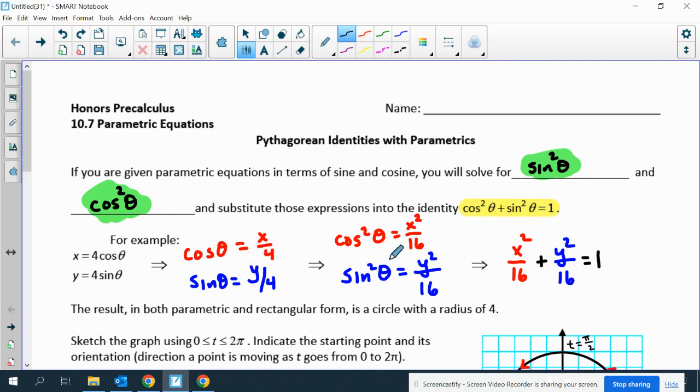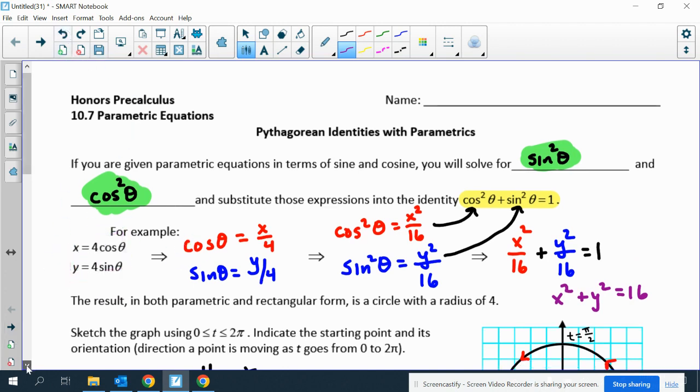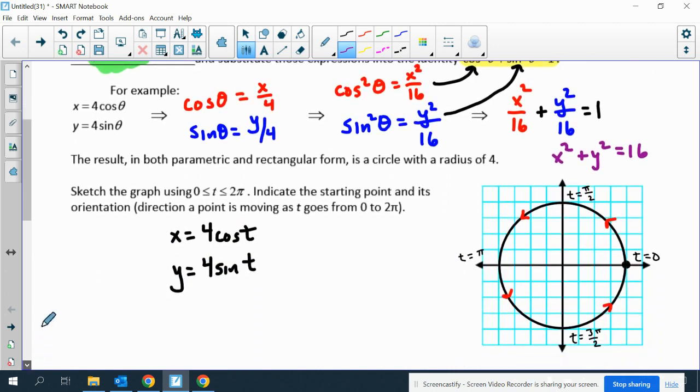Then we square them, and then we replace these things into cosine squared plus sine squared. So what we end up with here is x squared plus y squared equals 16, which is a circle. So those parametric equations end up giving us a circle with radius 4.